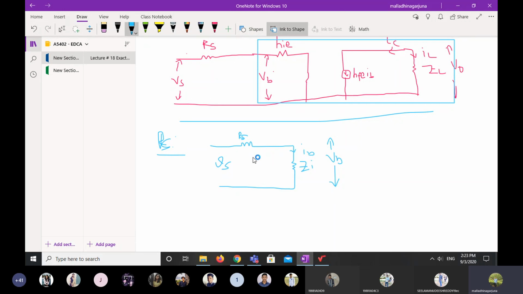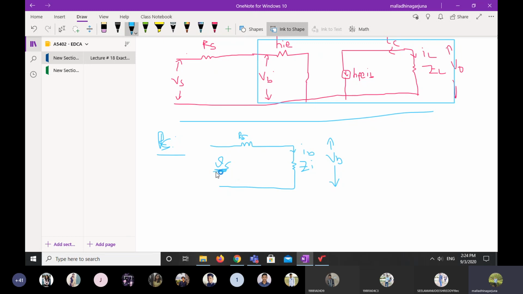Okay, now let us calculate again the current gain, input impedance, output admittance, and voltage gain. Everything we need to calculate again. First of all, we have to calculate the current gain. Current gain is nothing but output current by input current. Both must be currents, but here the input is a voltage.